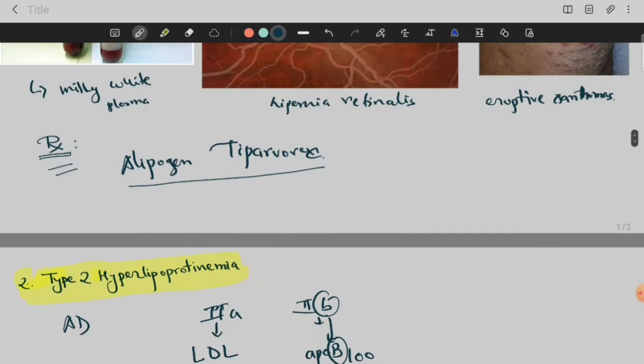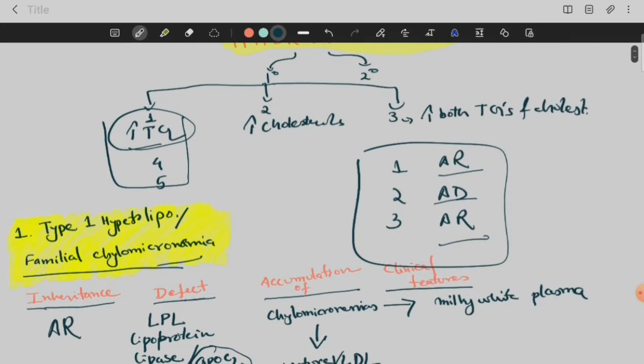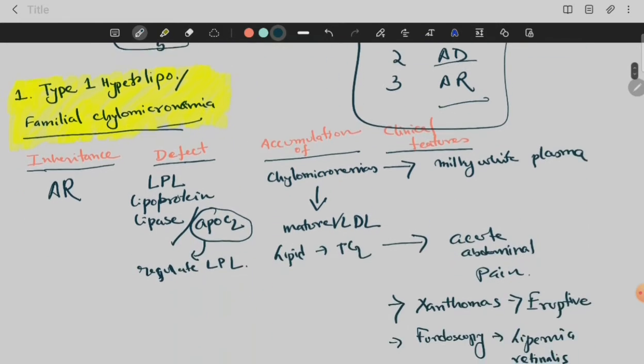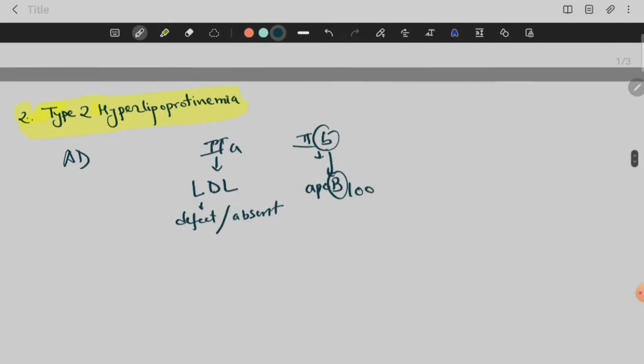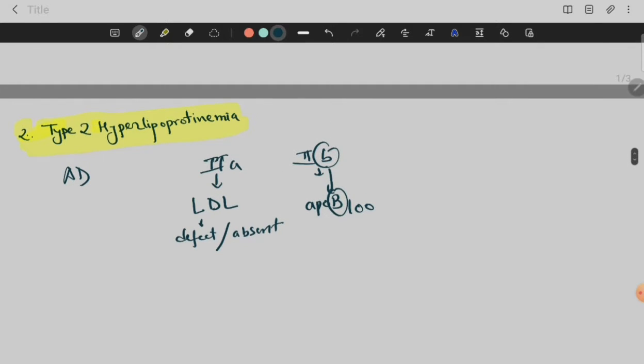So in the first one we see an increase in triglycerides. In the second, eventually it is the cholesterol which is increasing. In type 2, there is an accumulation of cholesterol. In type 2A, there is LDL and cholesterol increasing, but in type 2B, along with LDL and cholesterol, VLDL is also increasing.